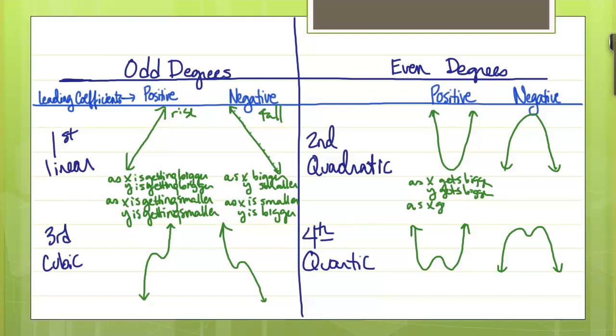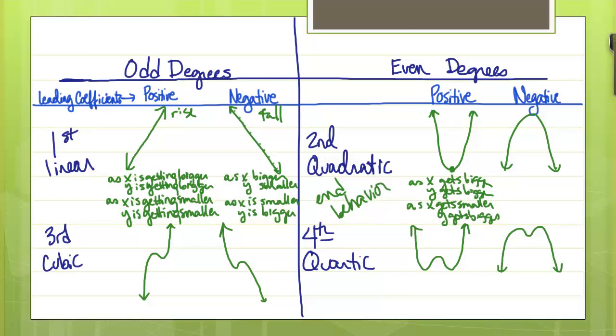As x gets smaller, y gets bigger. Now that sounds like it can't be, but that's because there's this turning point here. And so we're only talking about the ends here. In the middle, all kinds of crazy stuff's happening. But again, this is talking about end behavior. And we'll look at different notations for it.